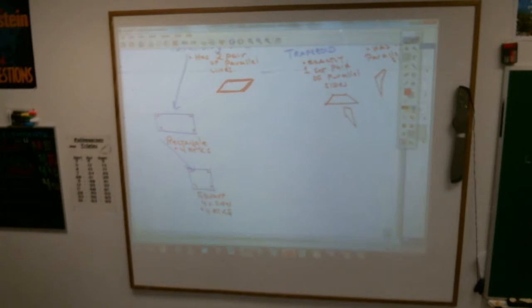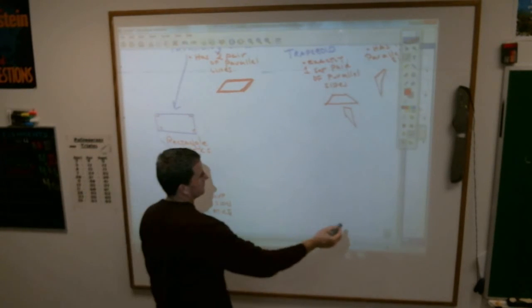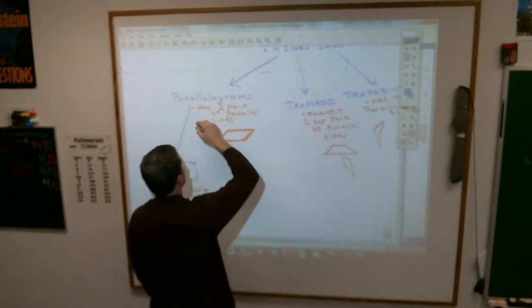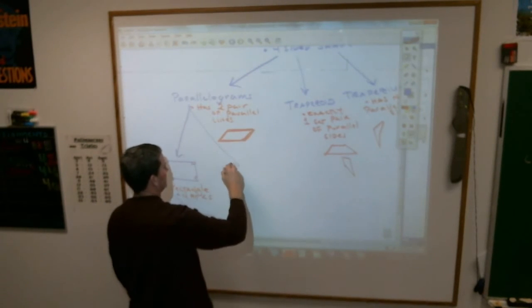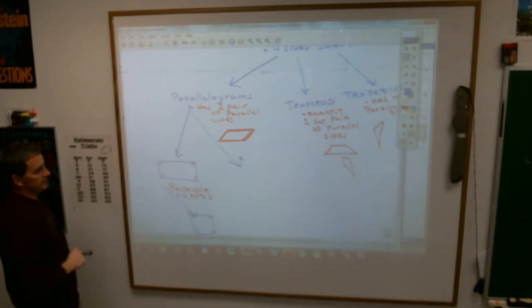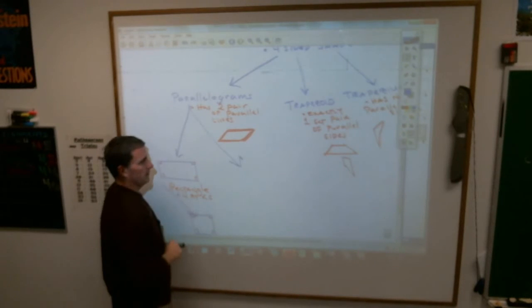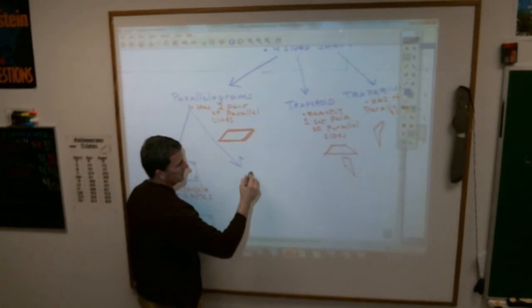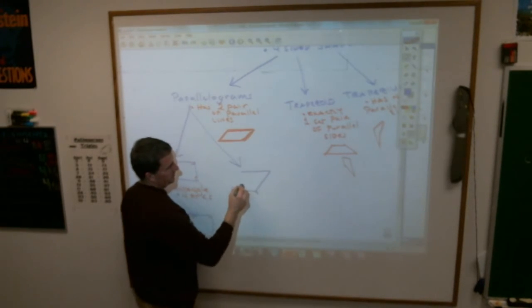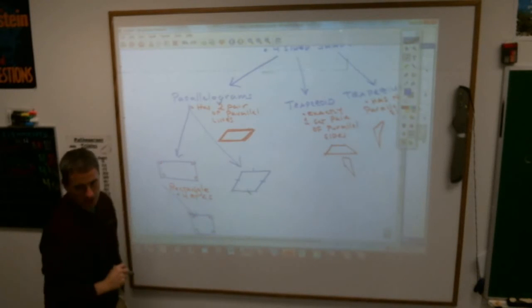And then the last one you probably don't hear about as much. It's also a type of parallelogram that isn't, well, it isn't a rectangle per se. It is something that looks like this. And it's kind of tough to draw because you got to get it just right. In this shape here, all 4 of these sides are equal. Does anybody know what that shape is called?